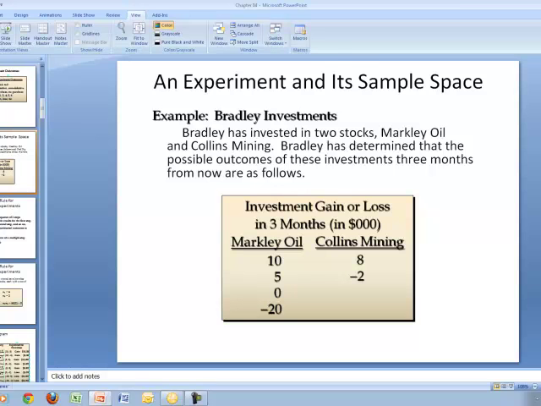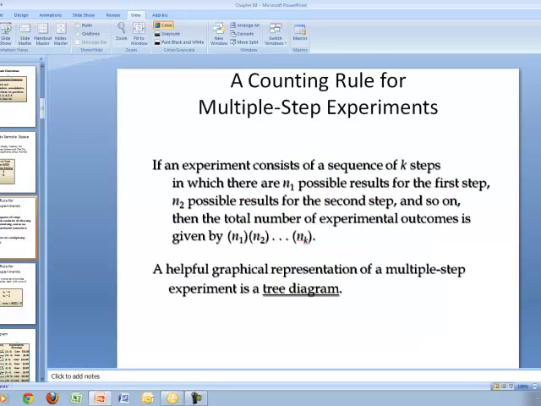This is the so-called counting rule for multi-step experiments. Think of it as if there are several steps. In the first step, you will observe the outcomes. After you have observed that particular outcome, you will then do the next step.